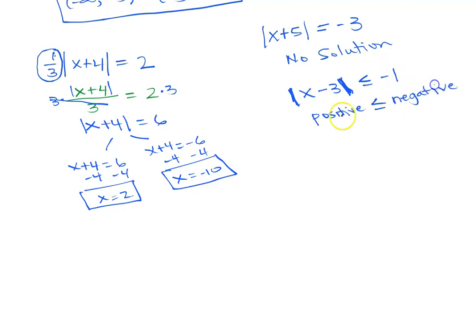Can a positive number ever be less than a negative number? No. So that would also be a no solution. I'm going to put an X through it just to make sure you see, positive numbers always have to be bigger than negative numbers, right? And so, does that help?